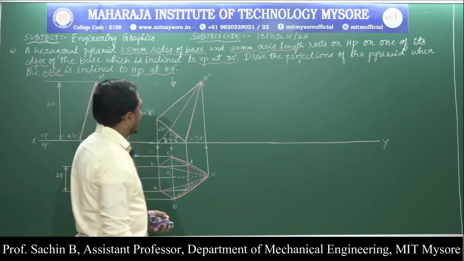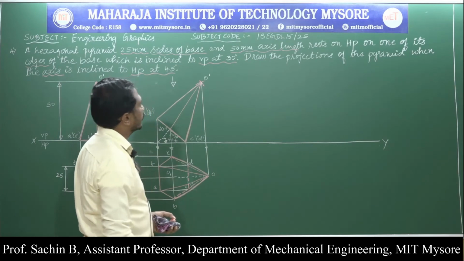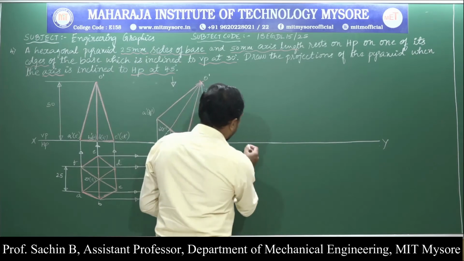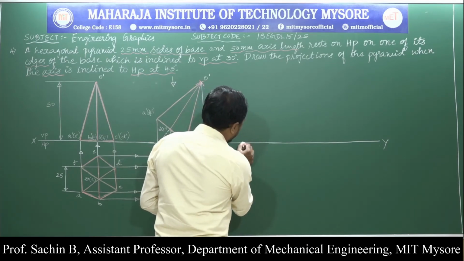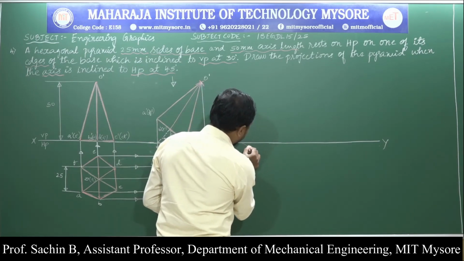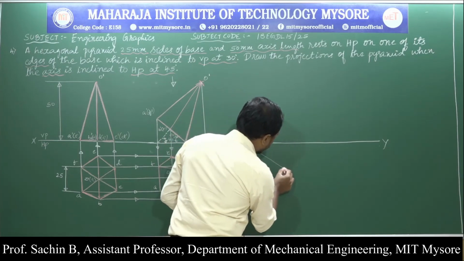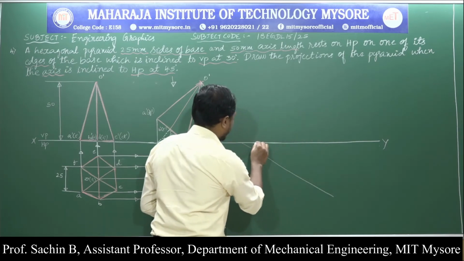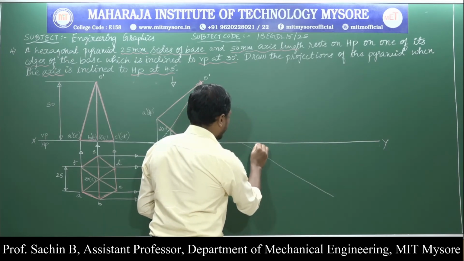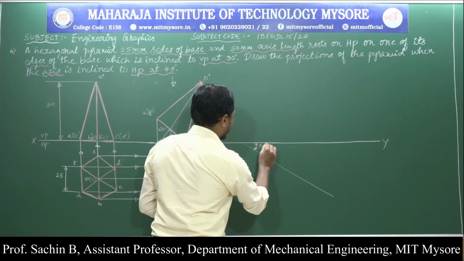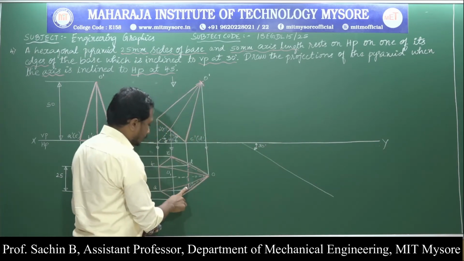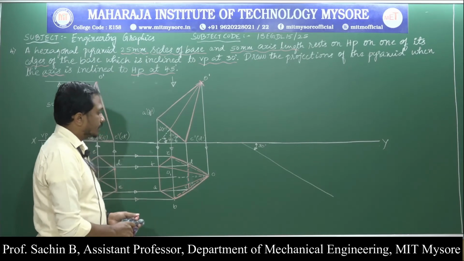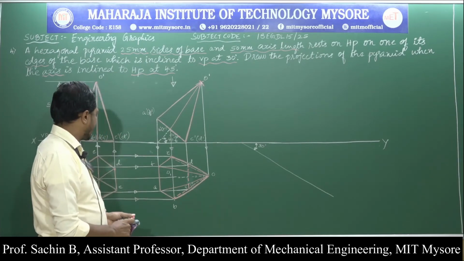Based on that, the resting inclination with VP is given at an angle of 30 degrees. Now I'll go for drawing a thin inclined line at an angle of 30 degrees. Now I'll come to the C to D point, the resting edge.